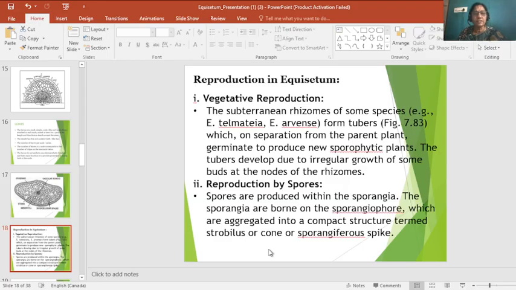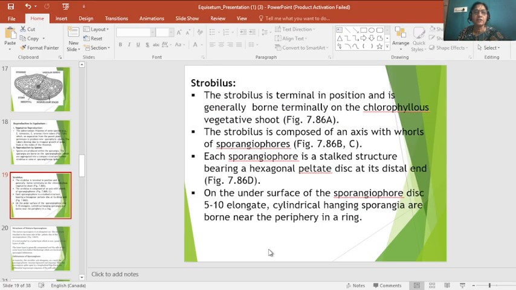Then the second type of reproduction is by means of spores. These are produced within the sporangia. The sporangia are borne on the sporangiophores, which are aggregated into a compact structure termed the strobilus or cone or sporangiophore spike. Strobilus is terminal in position and is borne terminally on the chlorophyllous vegetative shoots.